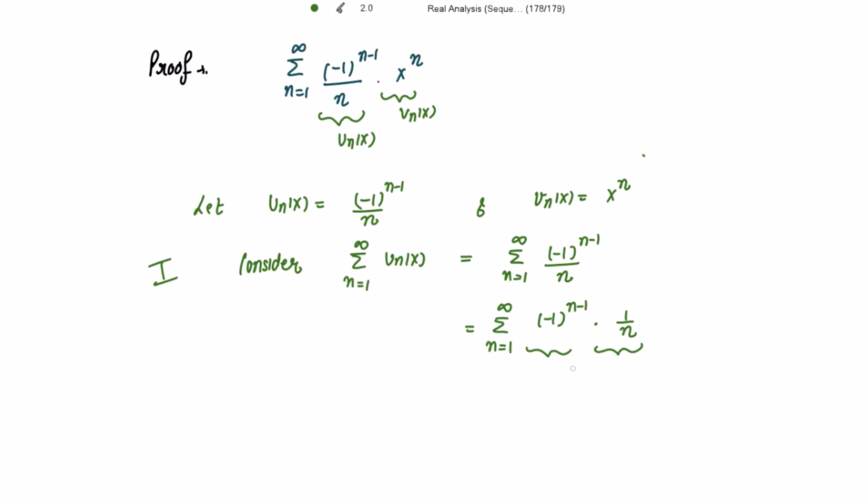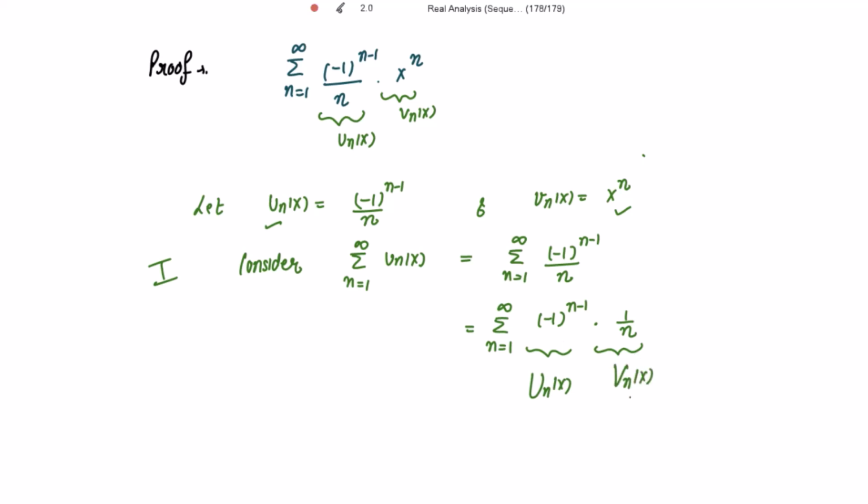So here also I have the summation of (-1)^(n-1) and also 1 by n. Because we have already used u_n(x) and v_n(x) for (-1)^(n-1) divided by n and x to the power n respectively, let's consider this to be capital U_n and this to be capital V_n.